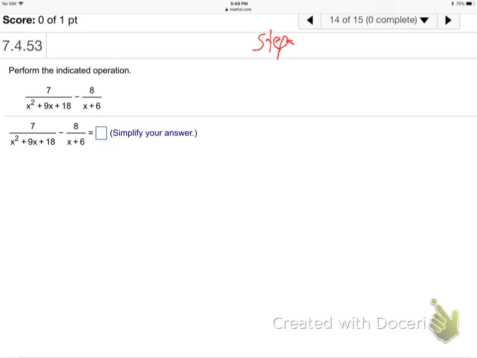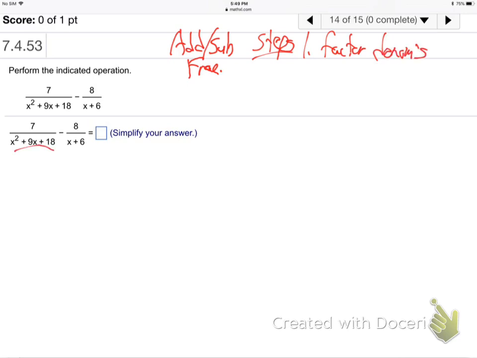Let me write the steps again for adding and subtracting fractions. Step number 1. Factor the denoms. So this denominator needs to be factored. I'm going to do it up here. It's the diamond thing, right? What multiplies to be 18 adds to be 9. Times what?